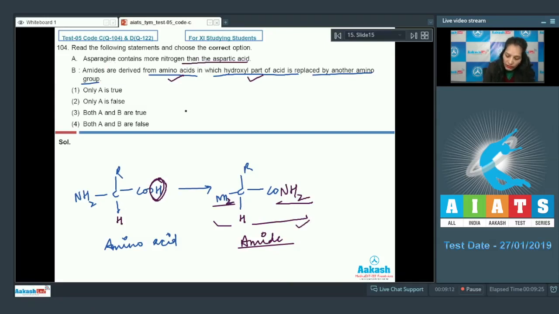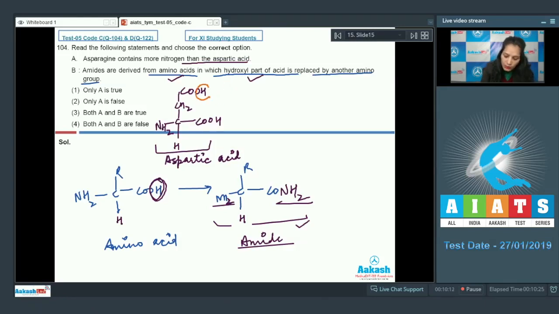A statement, asparagine contains more nitrogen than the aspartic acid. If you see the structure of aspartic acid, this is the structure of aspartic acid, which is an amino acid.